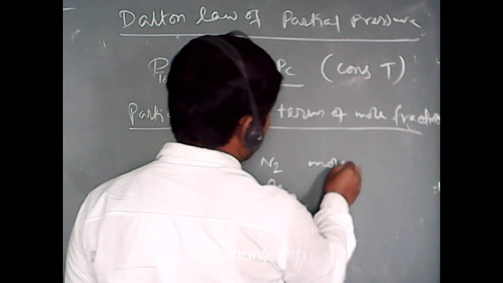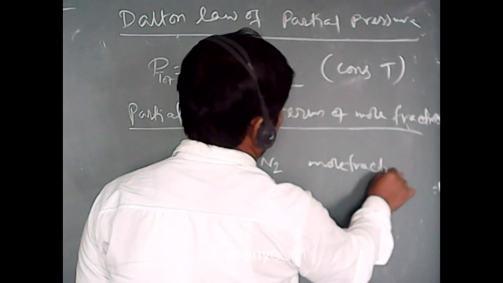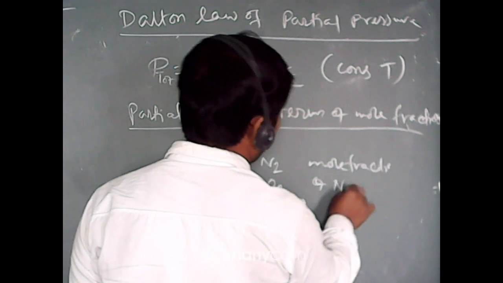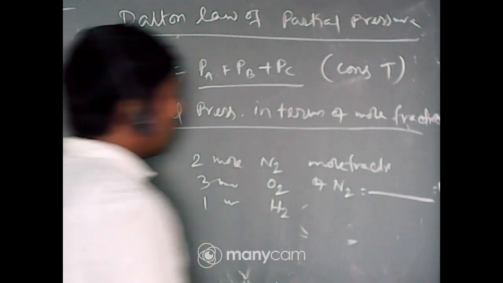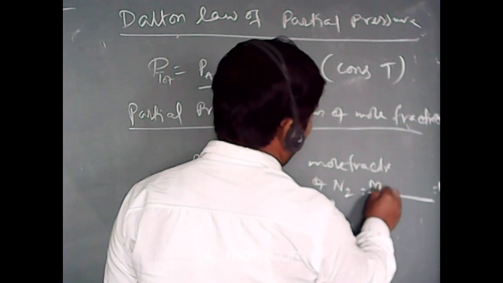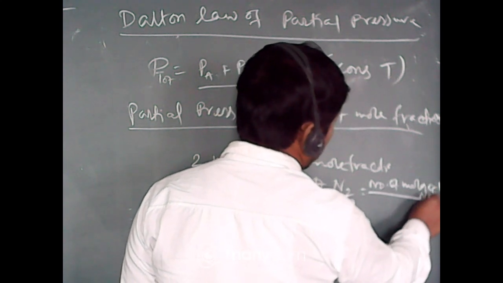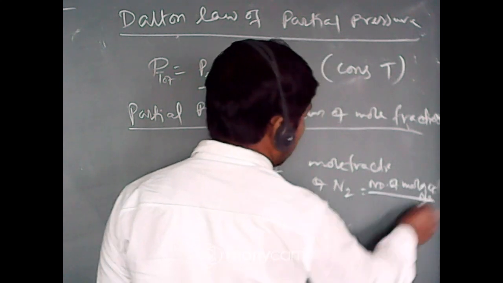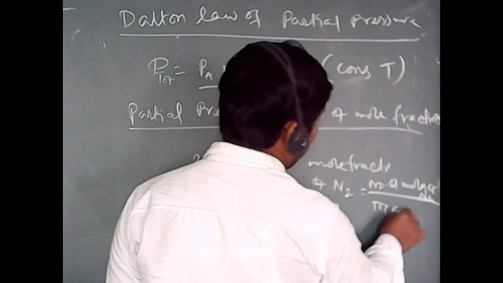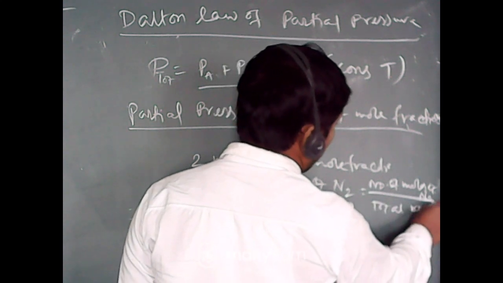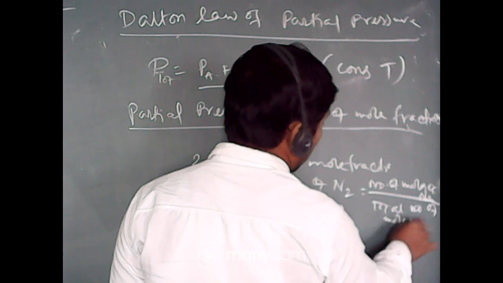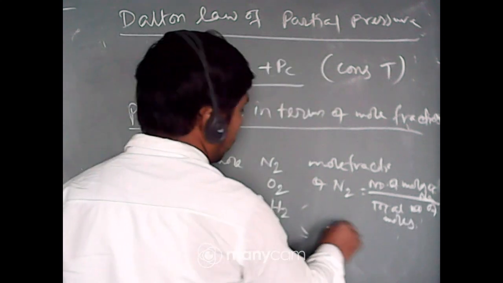The mole fraction of nitrogen is equal to the number of moles of nitrogen divided by the total number of moles, or total number of gaseous moles.